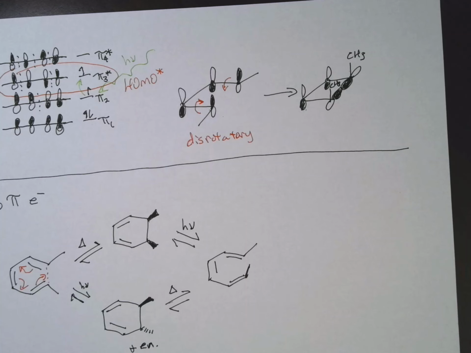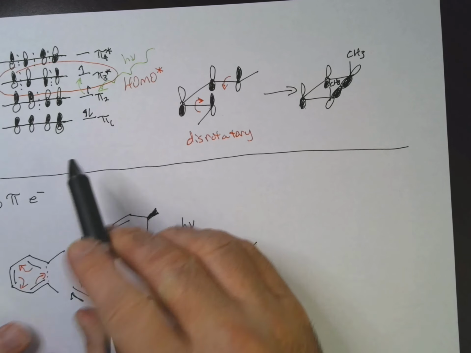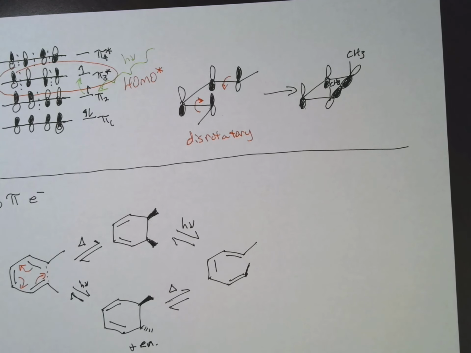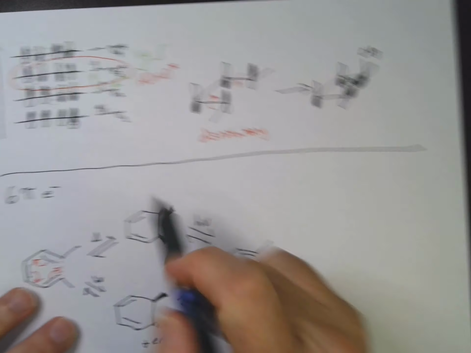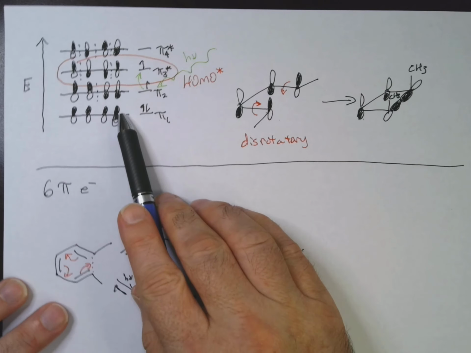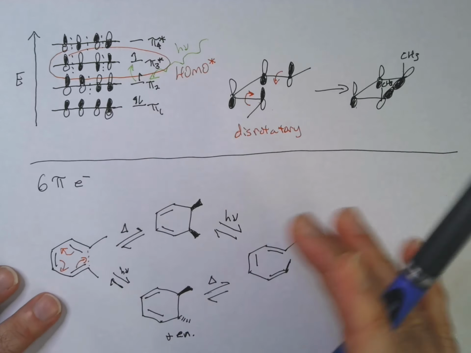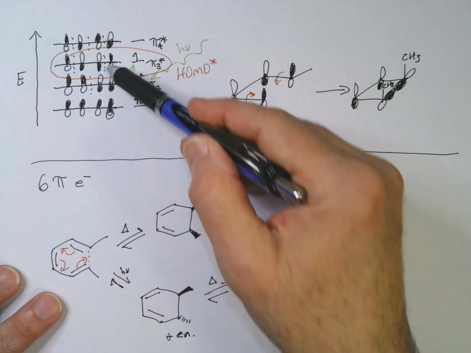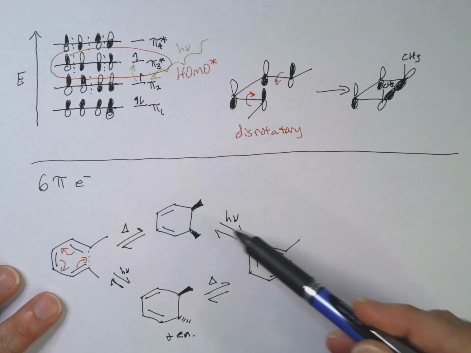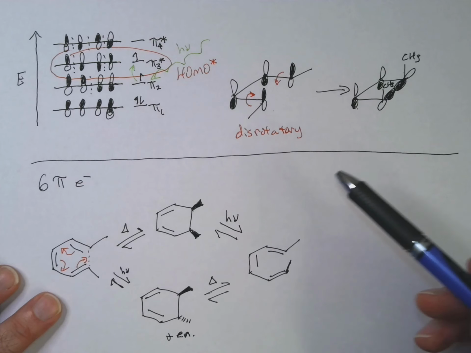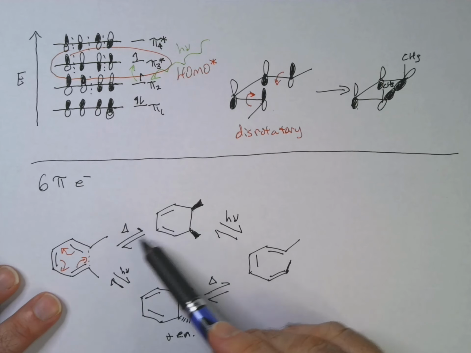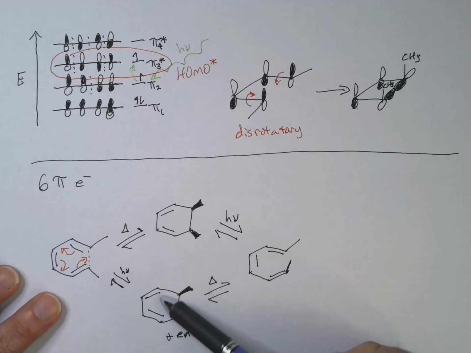And he doesn't do it quite the same way I do, but I think you can get a good feel for it. But I'll go over this type of diagram, but for 6 pi electrons. So a fun thing to do might be to actually try drawing this out for all 6 molecular orbitals. Figure out your HOMO and figure out why it gives you this product instead of this product.